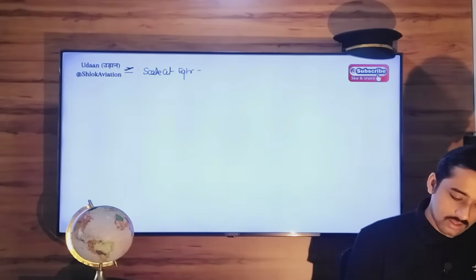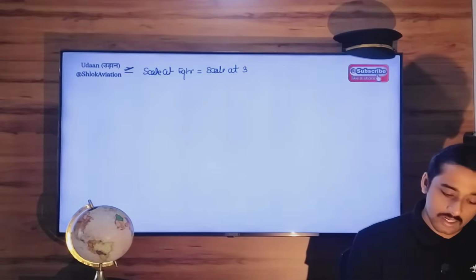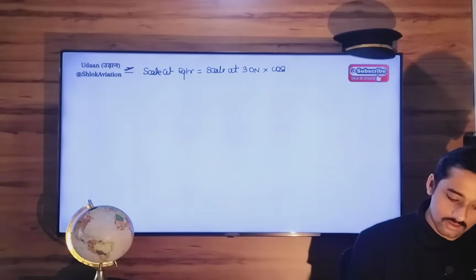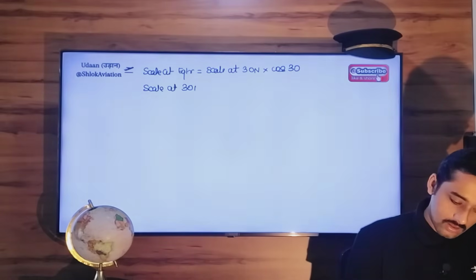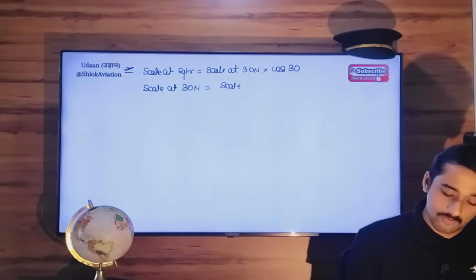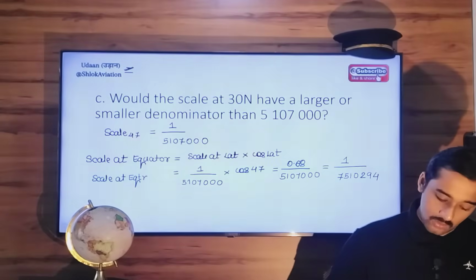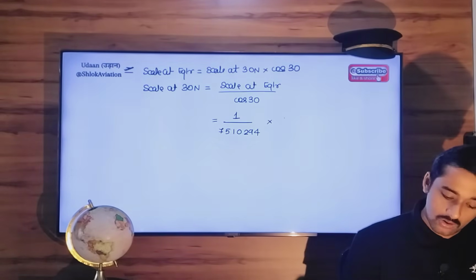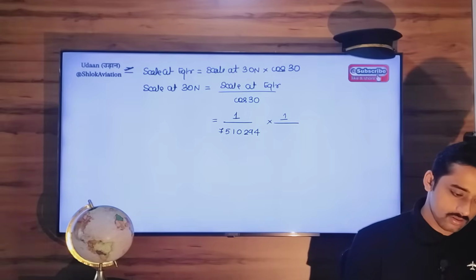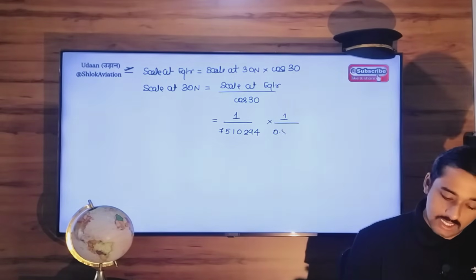Now let's find out scale at equator equals to scale at 30 degree north latitude into cos of 30. So scale at 30 degree north latitude will be equal to scale at equator, cross multiply, divide by cos 30. Now so scale at equator is how much? 1 divided by 7510294 into cos 30, 0.86.